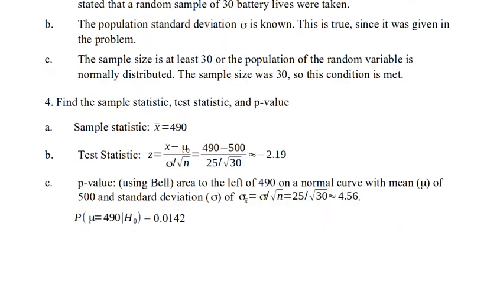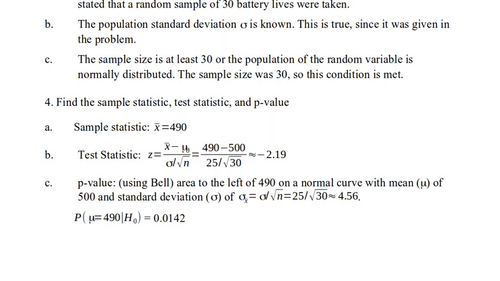Now we're asked to find the sample statistic, the test statistic, and perhaps most important of all, the p-value. The sample statistic came from our 30 batteries. They had a mean life of 490 days. The test statistic is z. That's counting in standard deviations of the sample mean, how far our sample statistic is from the population mean claimed by the manufacturer.